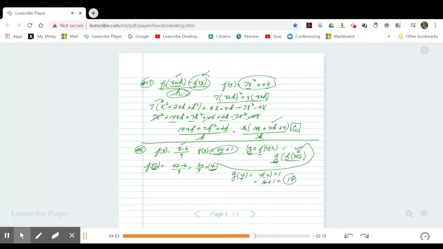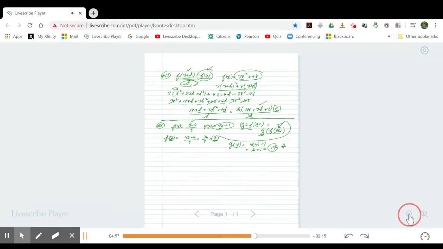Number 19. f of x defined as 6x minus 8, and g of x, defined as, well, it's a big one. What is it here? It's negative 2x squared minus 2x minus 8.